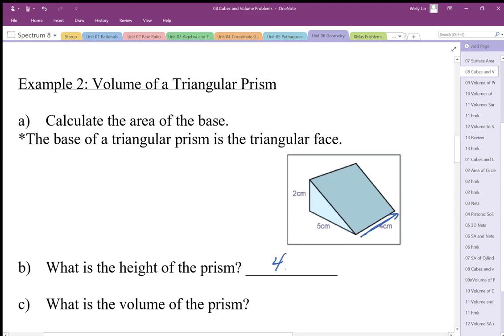In this case, the height is 4 centimeters. The base is going to be this face here, which I'll do in a different color. There's our base, and that base is equal to 2 times 5 divided by 2, or 5 centimeters squared.